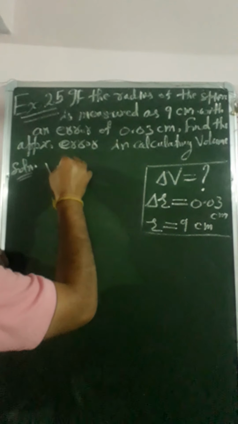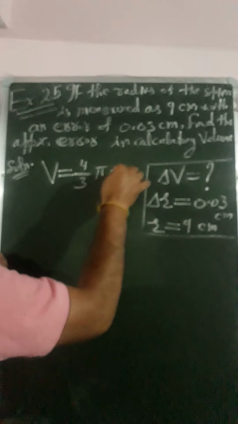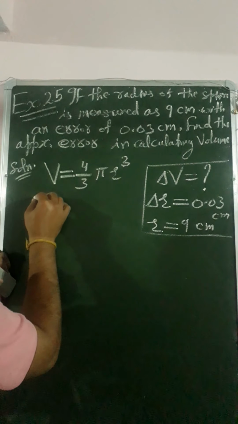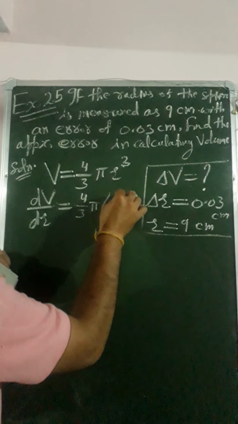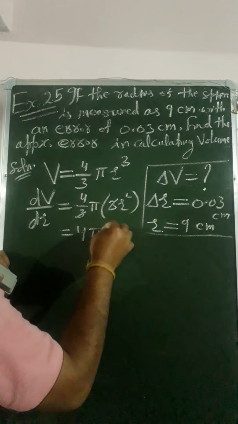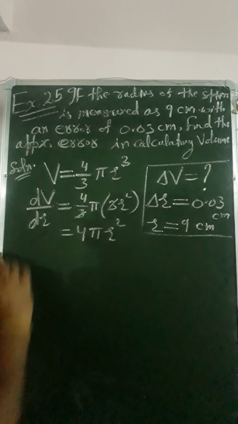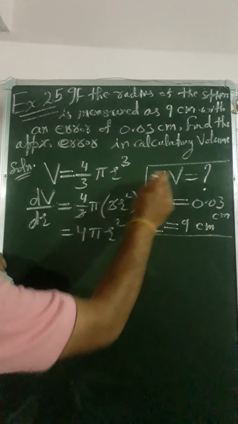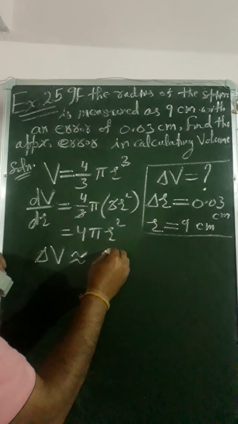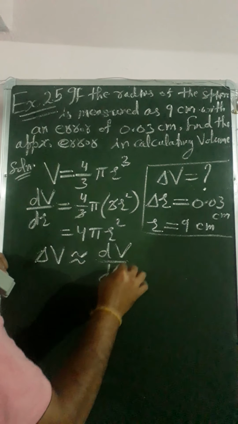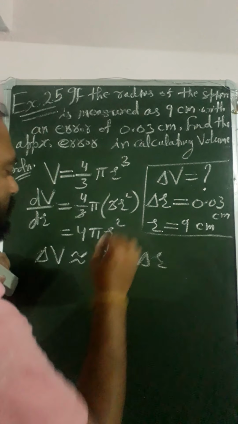So as you know, the volume of a sphere is 4 by 3 pi r cube, right? Now let us differentiate it with respect to radius r. dV over dr is equal to 4 by 3 pi into 3r square. 3 is cancelled, so we have 4 pi r square. This is the value of dV over dr. Now we have to find delta V. As you know, delta V is approximately equal to dV over dr into delta r, right?